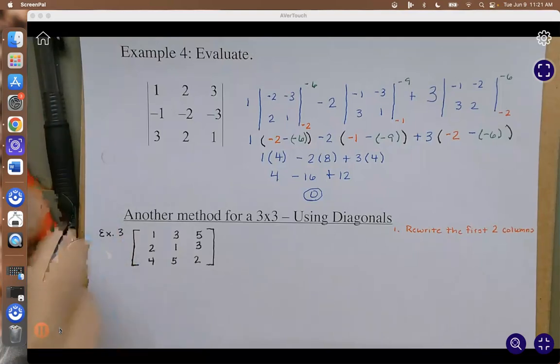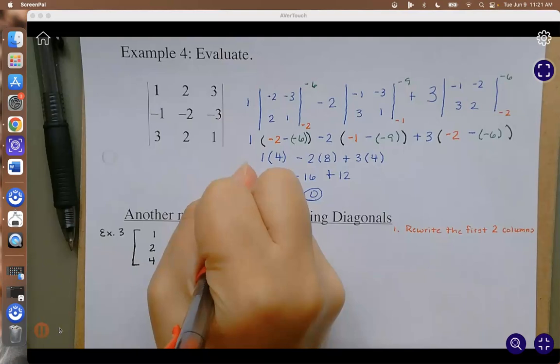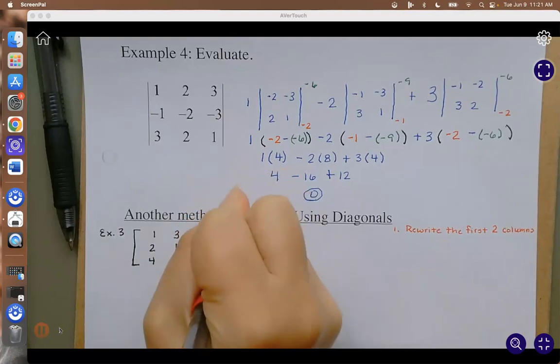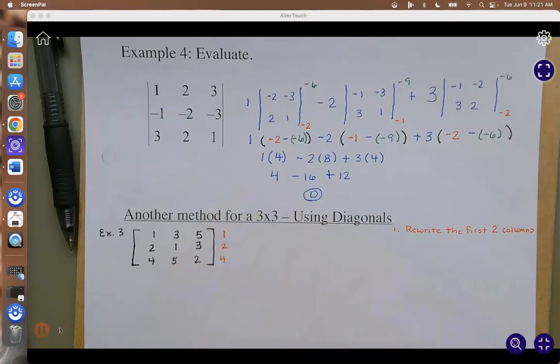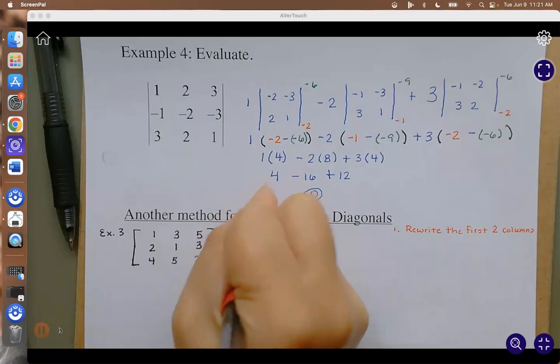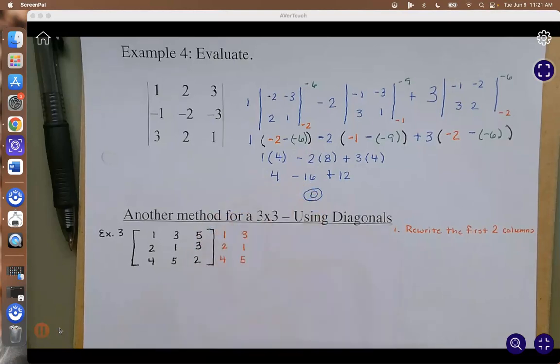Okay, so we're going to rewrite the first 2 columns. So 1, 2, 4. 3, 1, 5. Okay, so we've done that.